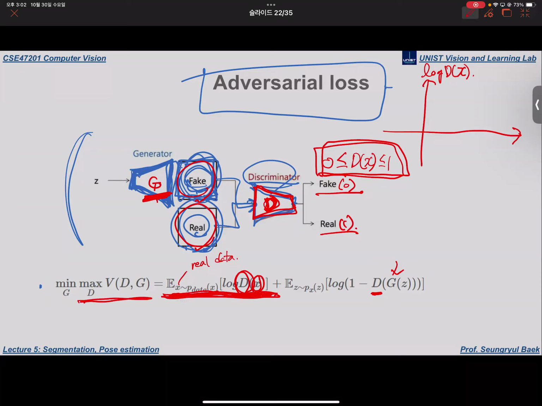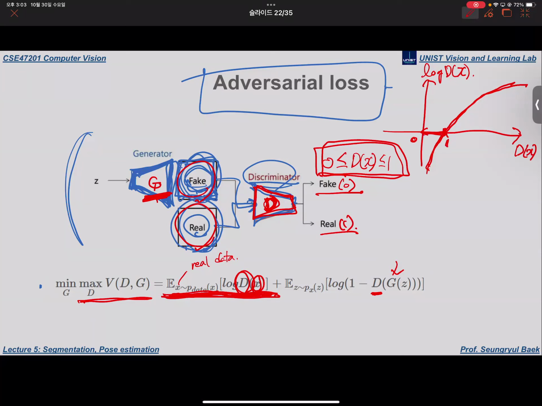We will first maximize this term, and you can see the log function looks like this. And I already said that D of X is in this region, 0 to 1, okay?